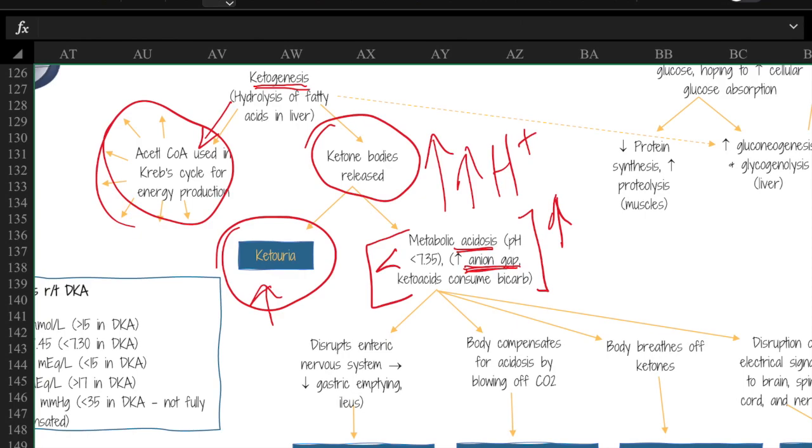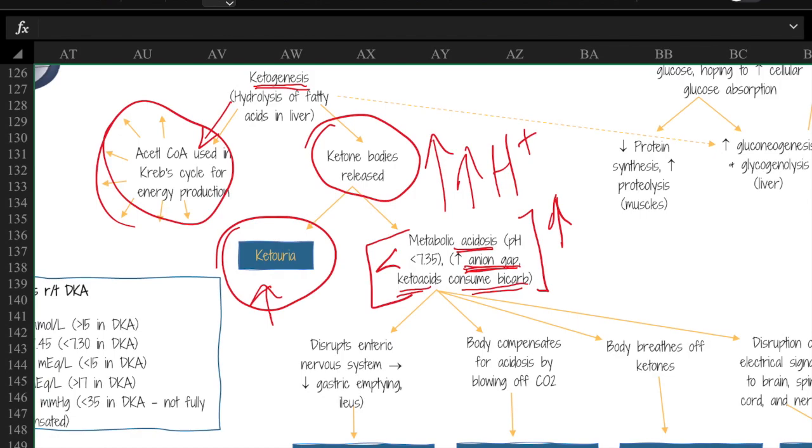And then one of the really, really important things to note is that one of the things that keto acids do is they actually consume bicarb. If you remember from the videos on pH, bicarb is one of the things in our body that works against acidity.